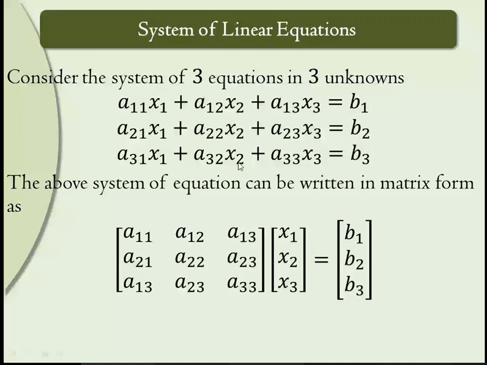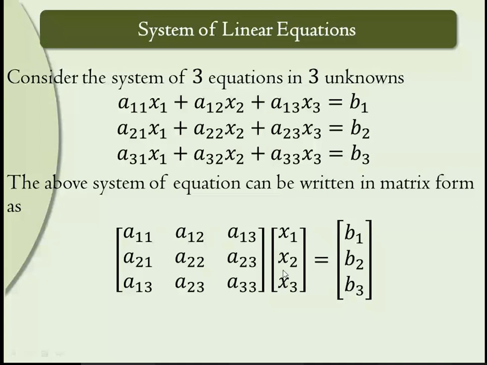If you have 4 equations in 4 unknowns, we get a 4 by 4 matrix, then the column x1, x2, x3, x4, and here we get b1, b2, b3, b4. We can write this system in matrix form because of the properties of matrix multiplication.